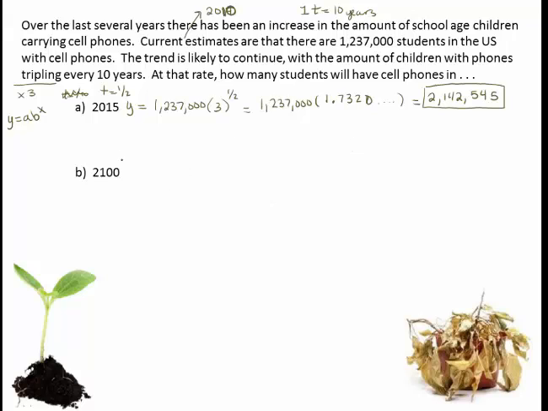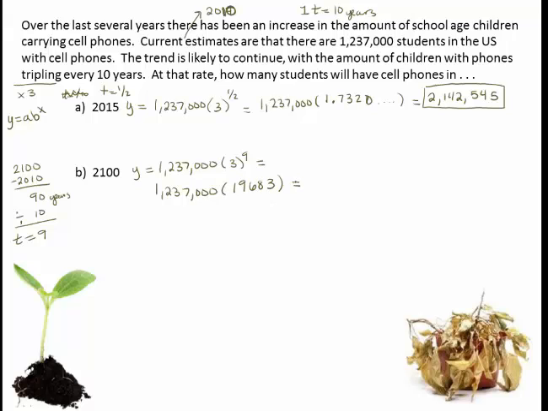Now, if we go to 2100 and we started at 2010, if I take 2100 and I subtract 2010, I have 90 years. If I divide that by 10, that gives me t is equal to 9. So in this instance, I'll raise 3 to the 9th. So I'll have 1,237,000 times 19683.